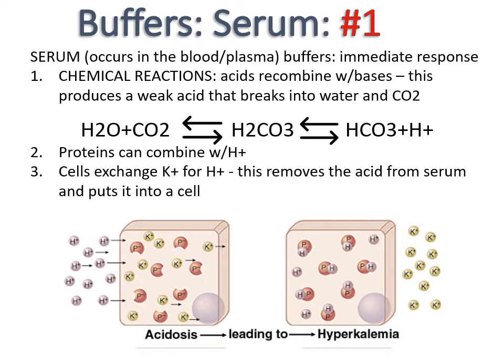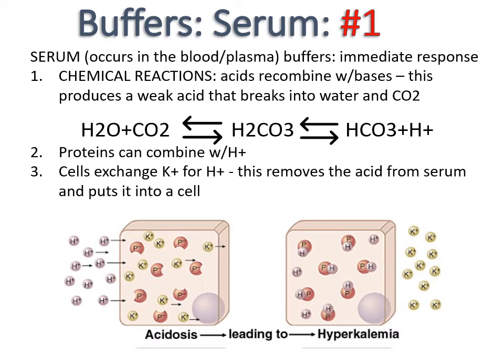But also H plus can go into cells as long as the cell secretes a potassium. And why does it have to do that? To maintain electrical neutrality when it's trading, right? So it's taking a cation in, H plus, and it's removing a cation, K plus.